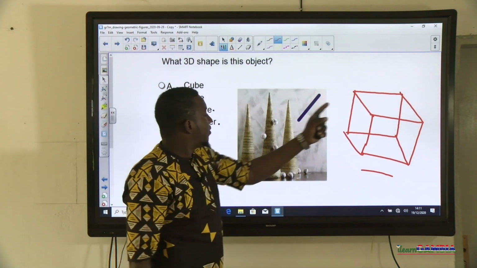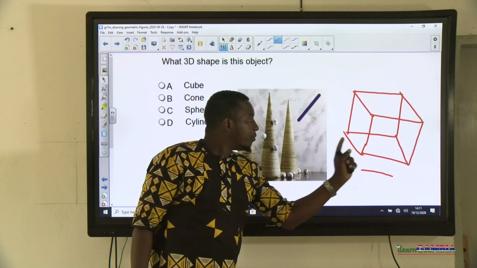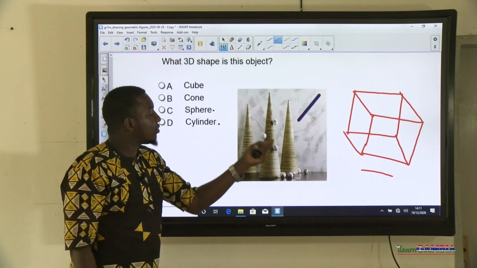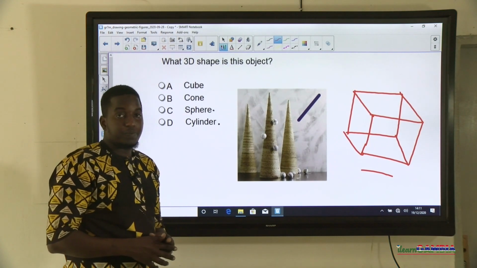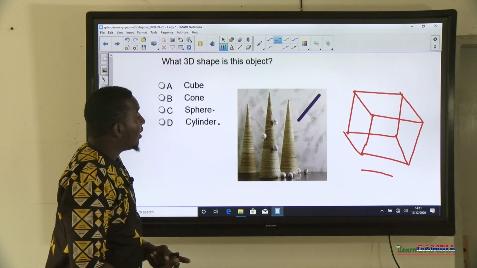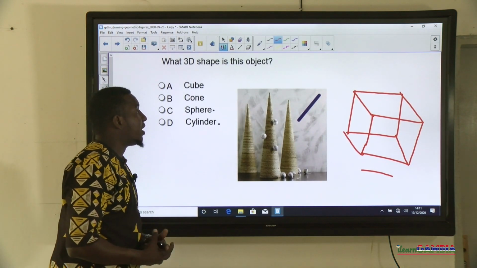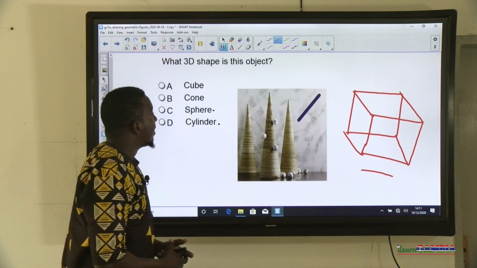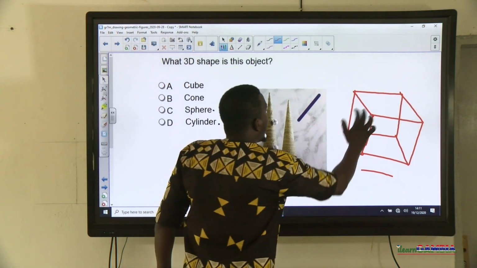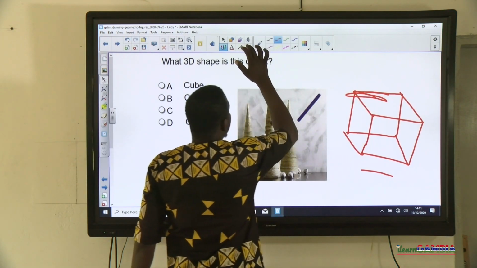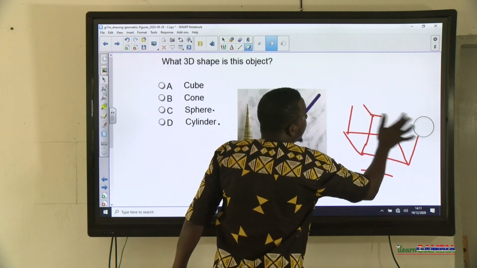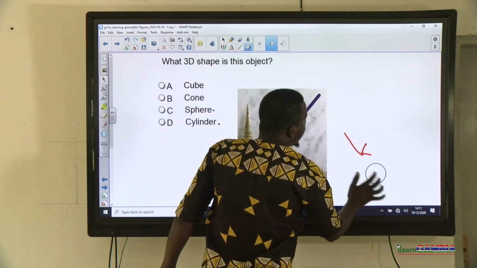Now look at what we refer to as a cube, whether it is the same thing as what we have in the picture. The answer to that question is no. The object in the picture does not replicate a cube, so therefore that option is not going to be correct.